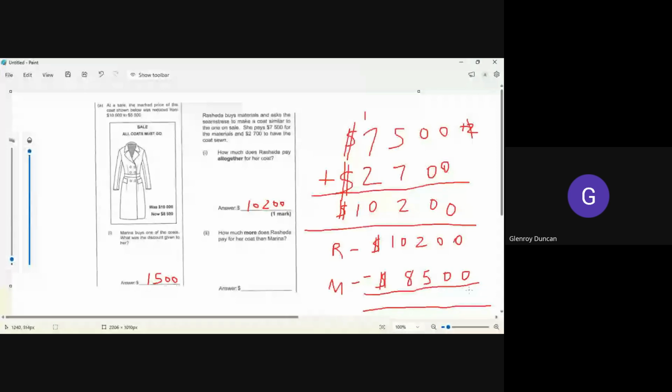Let's continue. So how much more? Ariana, you know that when you hear the term how much more, it's a big thing. Maybe you have 10 apples, and your sister has 13 apples. They ask how many more apples does your sister have than you? You simply subtract 13 minus 10 and get 3.